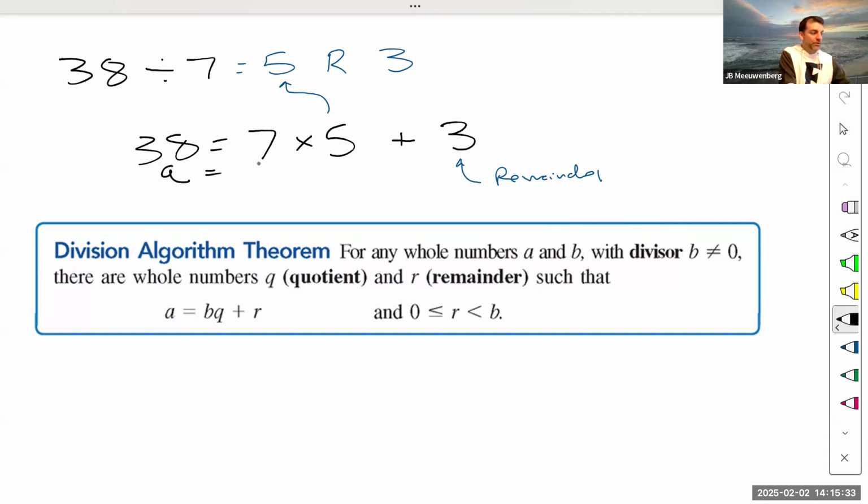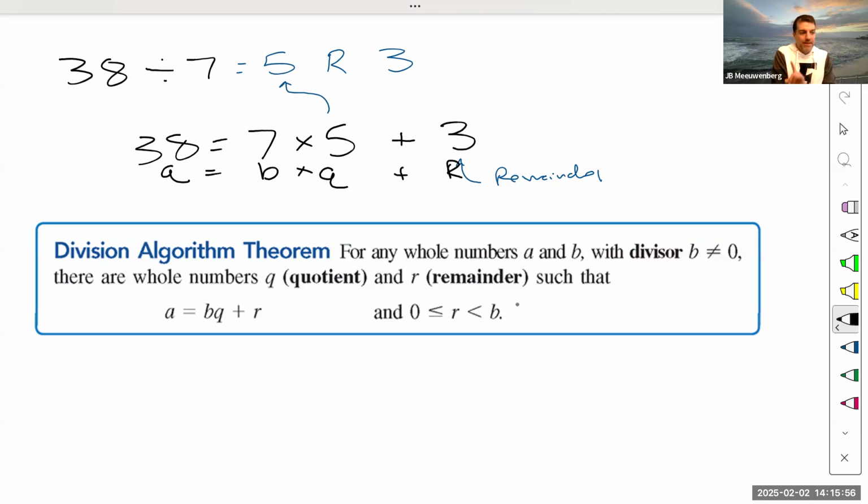A is equal to b times the quotient plus r, the remainder. And this is important, r is greater than or equal to 0, if we read it from right to left, and less than b.